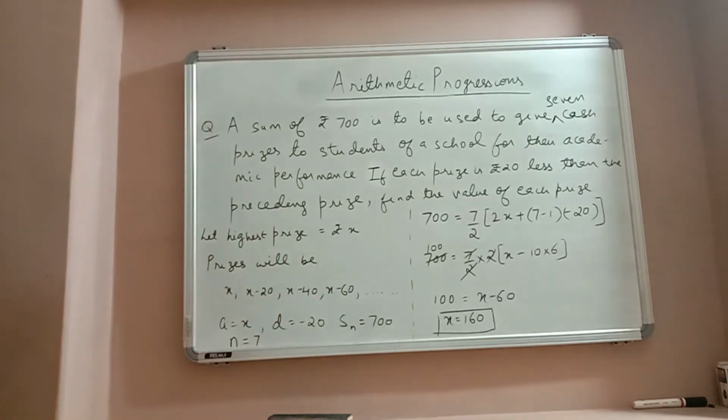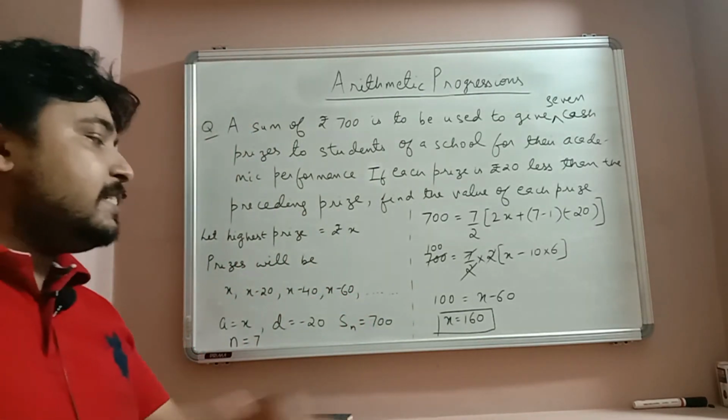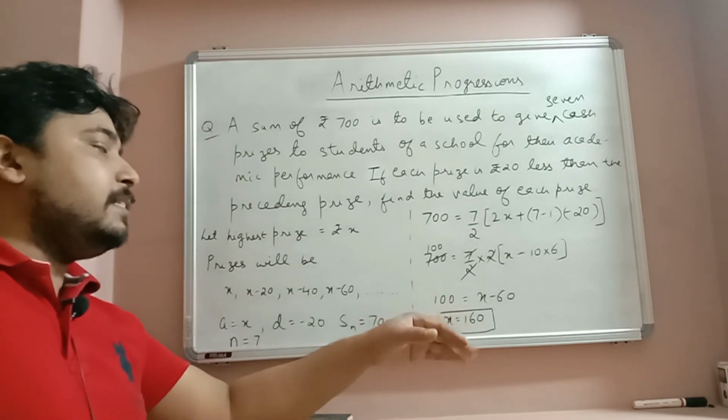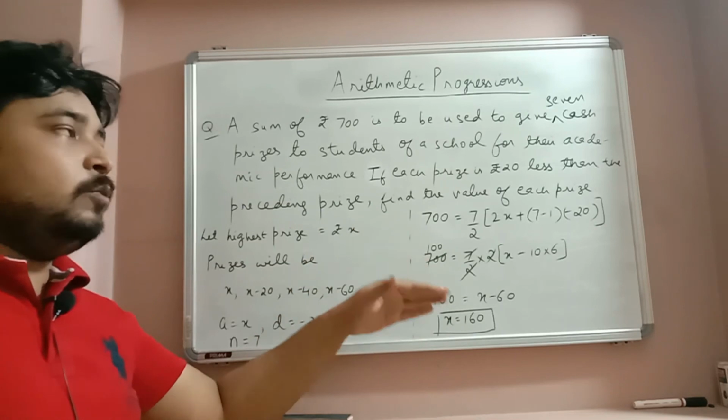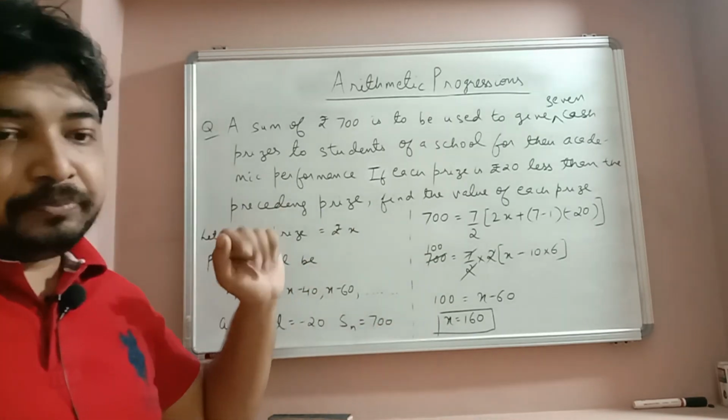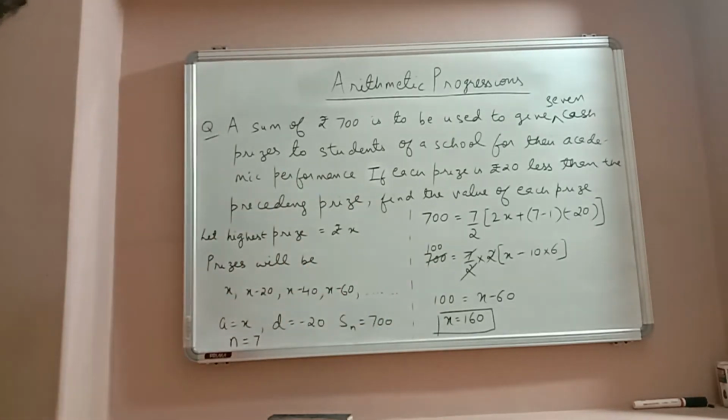So the highest prize that was distributed was 160, and all the subsequent prizes can be easily found by subtracting 20 from the previous prize. Let's write down all the prize values.